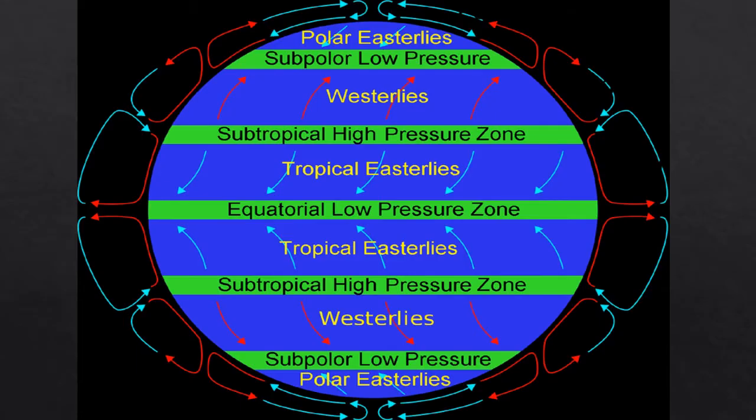This sinking air is cool air, so it forms high pressure systems. These regions are called subtropical high pressure belts because these regions lie outside the tropical regions and at the same time adjoin the tropical regions.